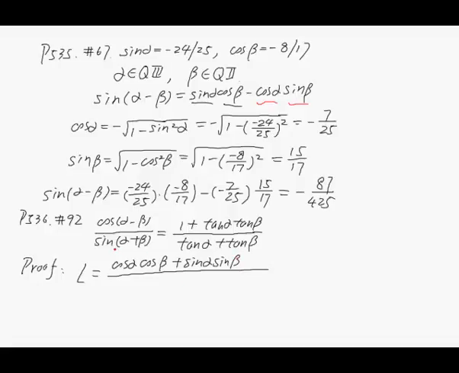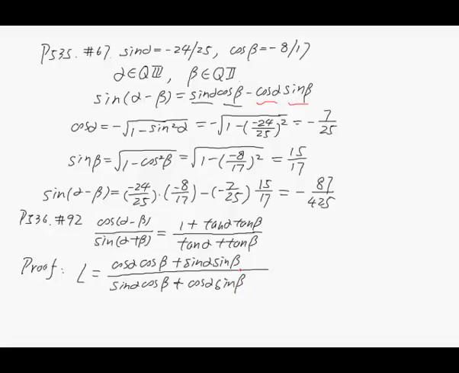The denominator sine of alpha plus beta is equal to sine alpha times cosine beta plus cosine alpha times sine beta.